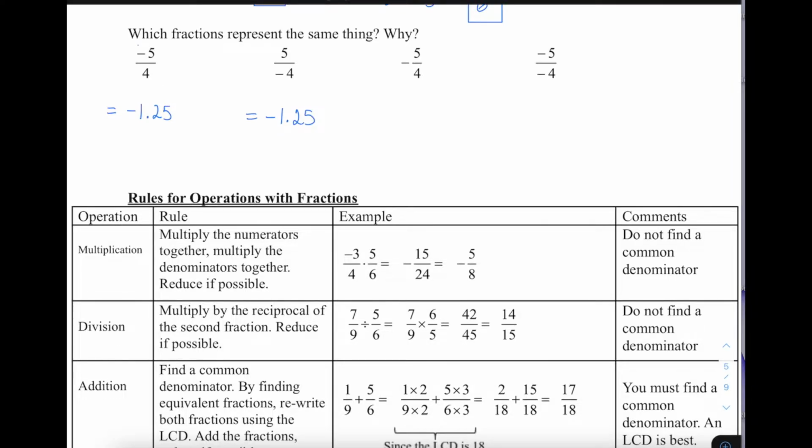Now, the next one is where some guys get confused. So what I want you to think about here is the fact that the negative is on the outside of the quantity 5 over 4. In fact, it is kind of like -1 times 5 over 4. So what I would do is put 5 over 4 in my calculator, and I would get 1.25, and the negative is on the outside of that, multiplying the quantity 1.25. So in fact, this is -1.25.